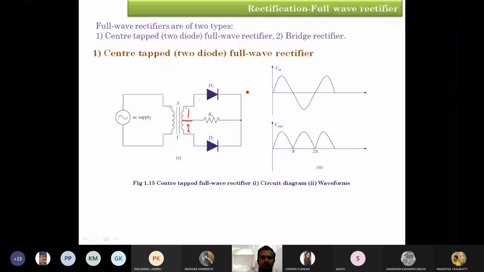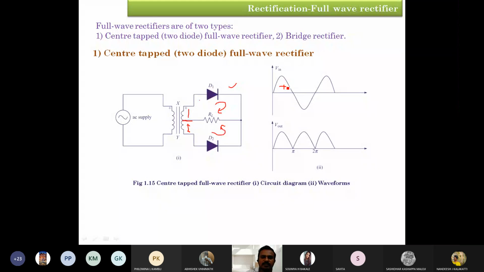So what is going to happen with the transformer? For the positive cycle, one half is going to work, while the other half will be in a dormant state. With respect to this circuit, for the first half, diode D1 is going to conduct, and for the second half, diode D2 is going to conduct. Similarly, we can observe the waveforms for the positive cycle of V in.